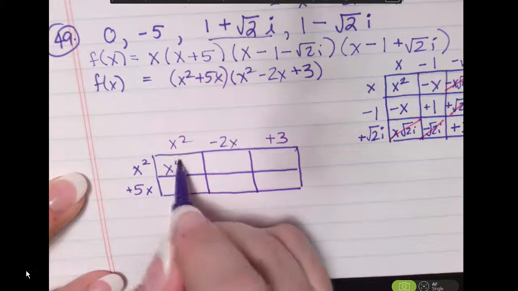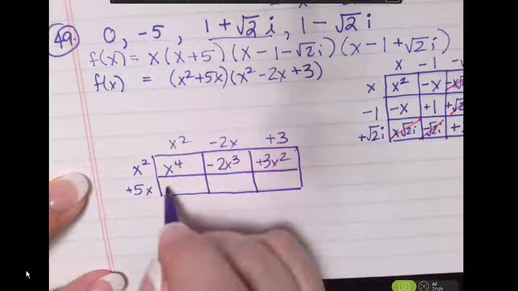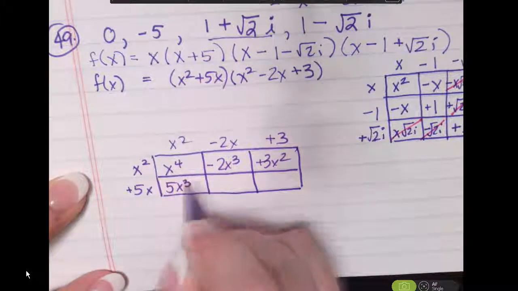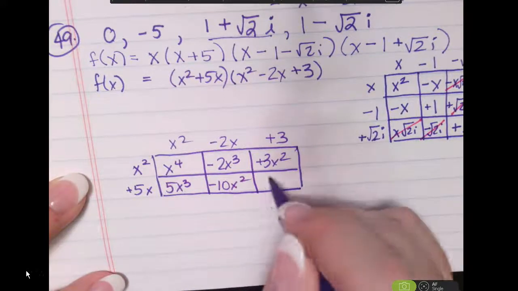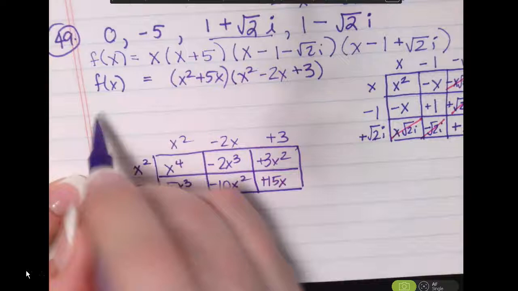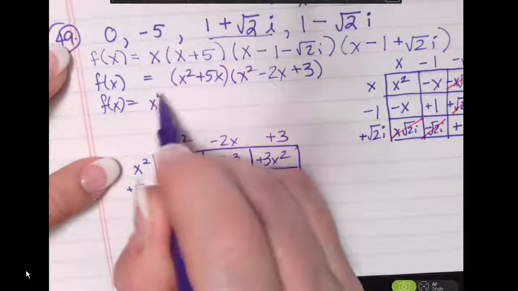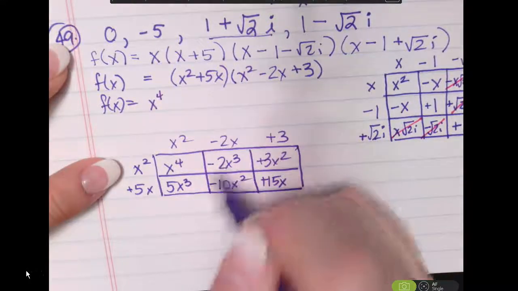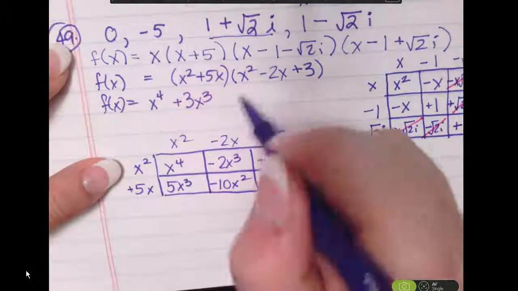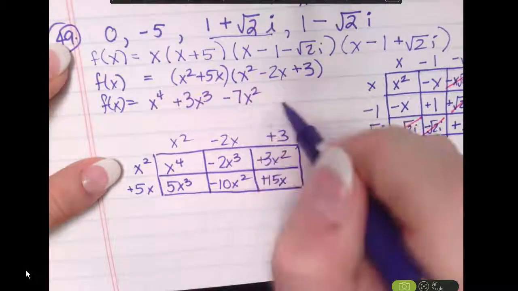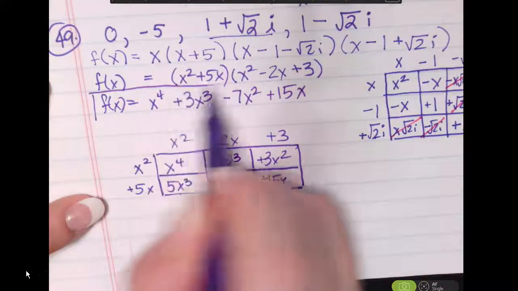So there we get x to the 4th minus 2x to the 3rd plus 3x squared plus 5x to the 3rd minus 10x squared plus 15x. So my final answer is x to the 4th minus 2 plus 5 is plus 3x cubed minus 7x squared plus 15x. And that is my final answer.